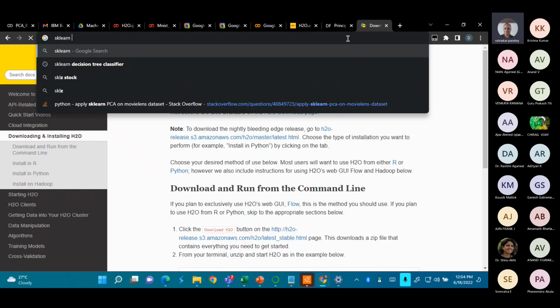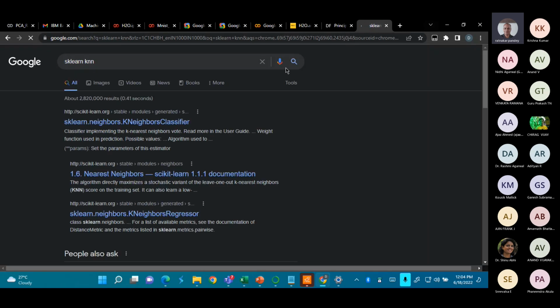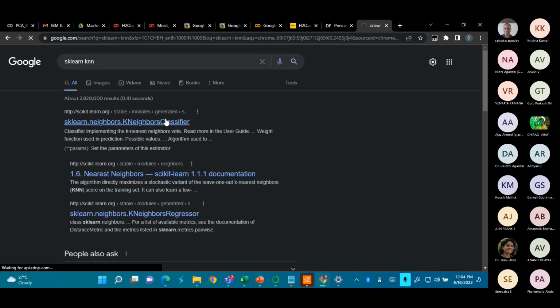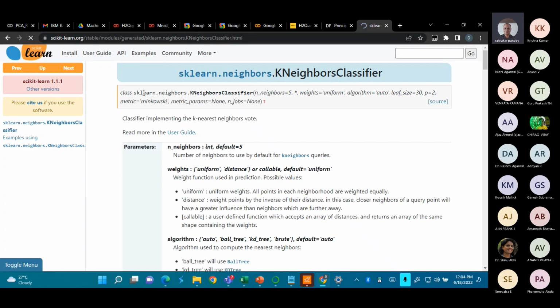So sklearn, KNN. Just like what we've done, by default it will choose 5, but you can try different settings, like we have done with grid search, and see what works better for you. K nearest neighbors 5, and then certain algorithms and certain metrics.